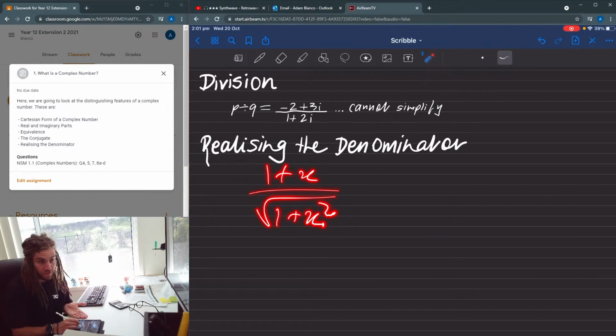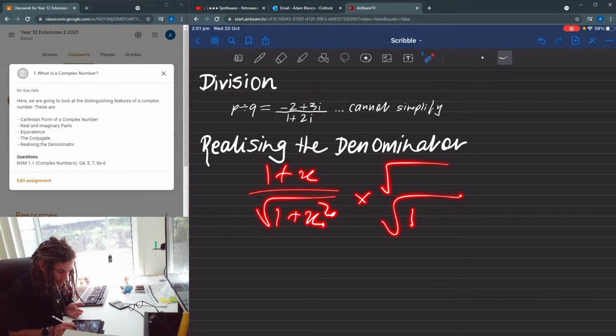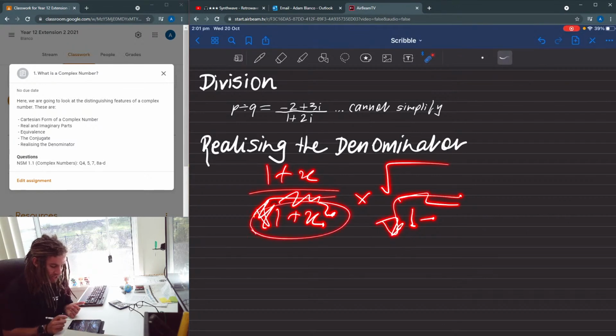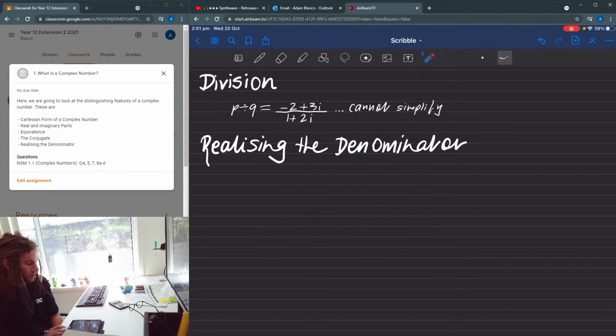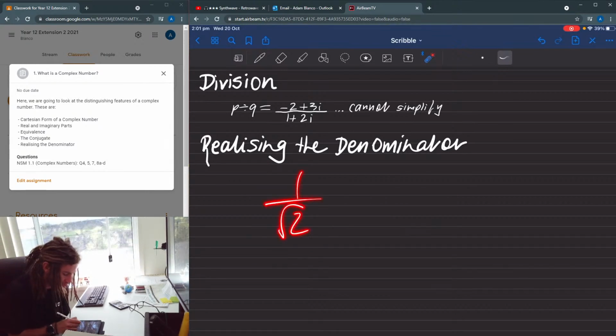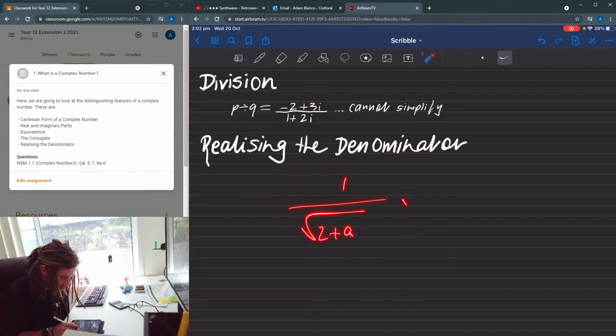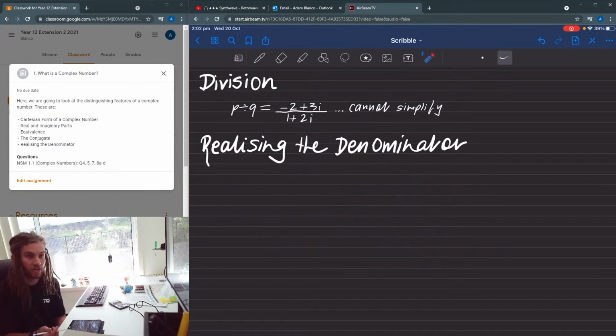But what you would have learned is to rationalize the denominator, which meant, okay, I'll times by square root, and instead of having 1 plus x, I'll do 1 minus. And then what ends up happening is the square roots actually cancel, and what you're left with on the denominator is a real thing, sorry, a rational thing, which means it just doesn't have a square root on it. So something like 1 on root 2 plus a, you'd multiply that by 2 minus a, and you'll find that the square roots disappear.